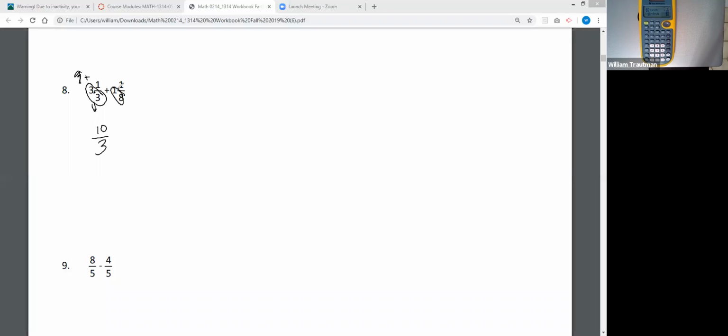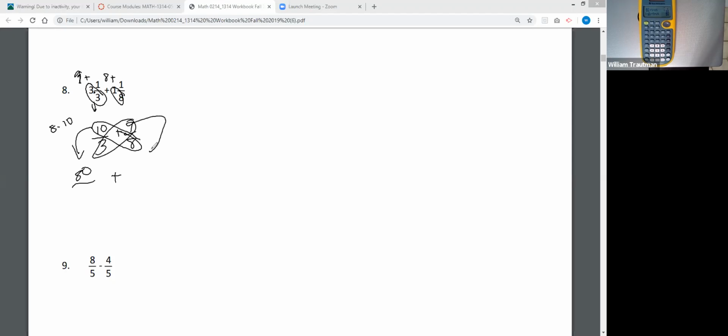This is 8 times 1 is 8, plus 1 is 9 over 8. So you can change them to improper fractions like I just did, and then go through the steps. Multiply these two together. 10 times 8 is 80.